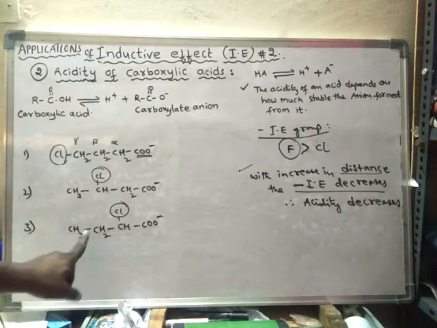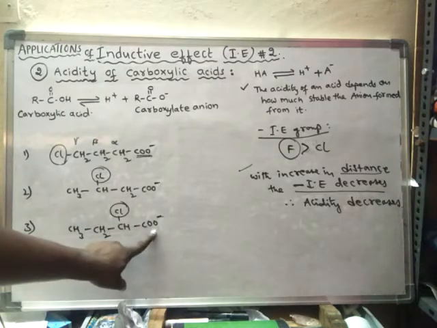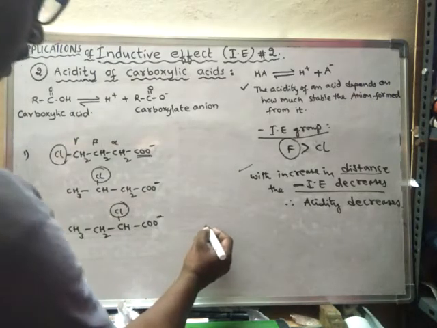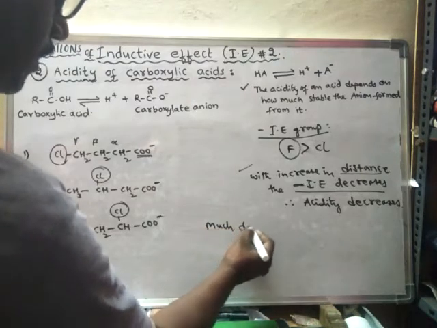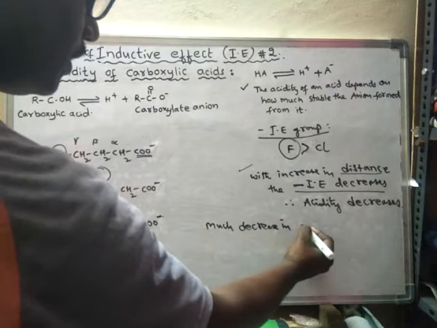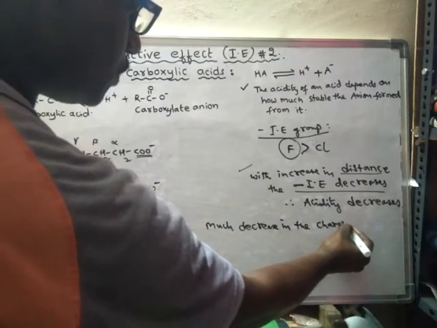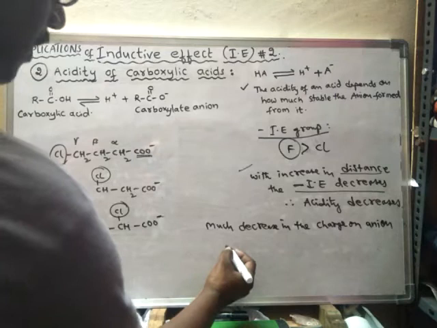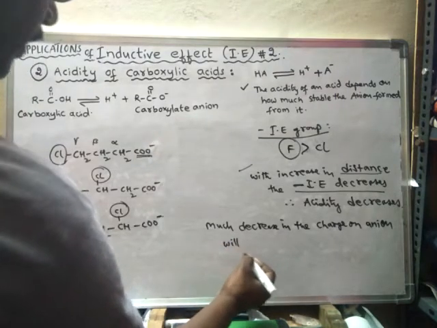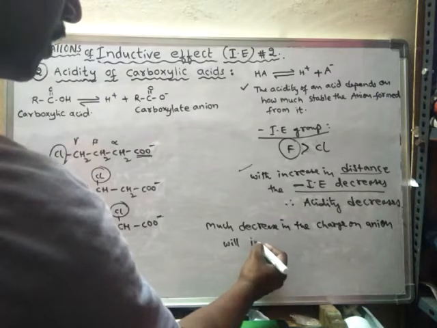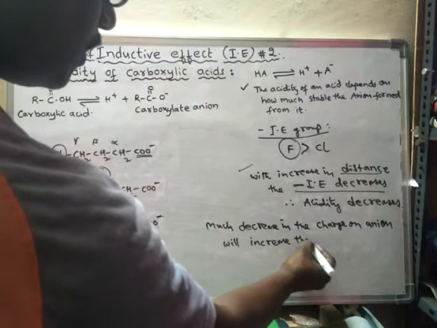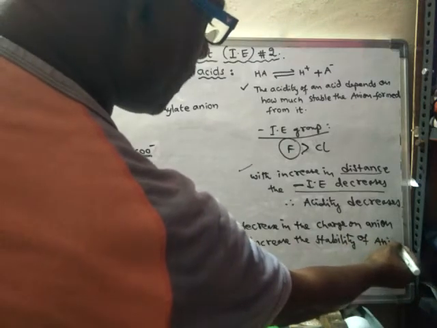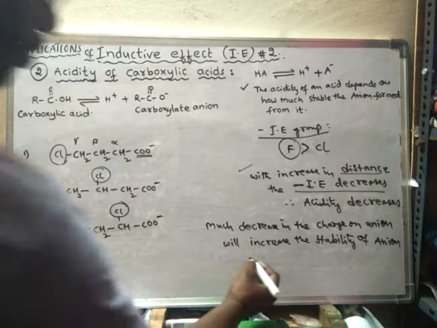Whenever there is much decrease in the charge on the anion, it will increase the stability of the anion to more extent.